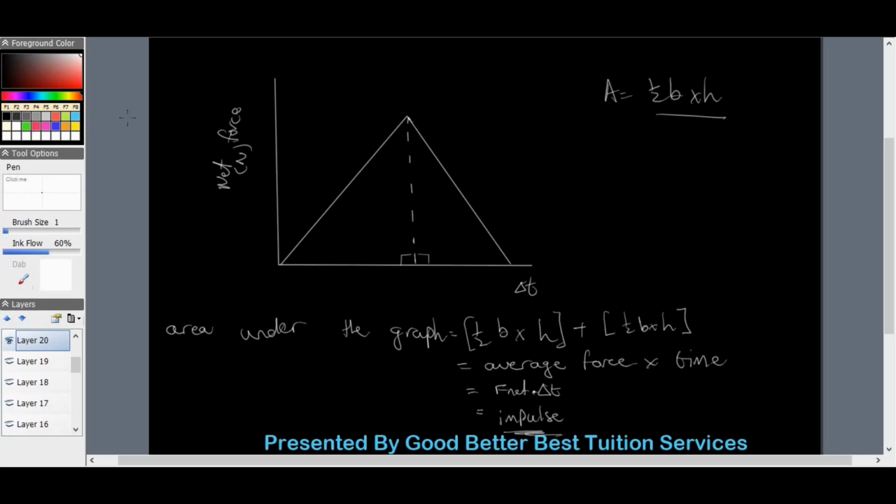That's just what happens on a cricket pitch. But the science behind it is that this increases the time taken to stop the ball, and so the net force on the cricket player's hands is smaller, because that ball is coming down with a fairly strong force.